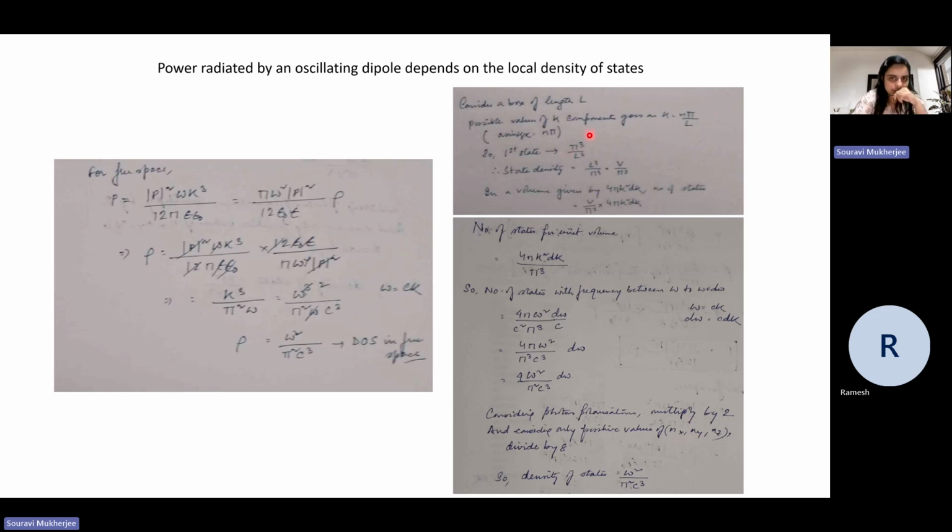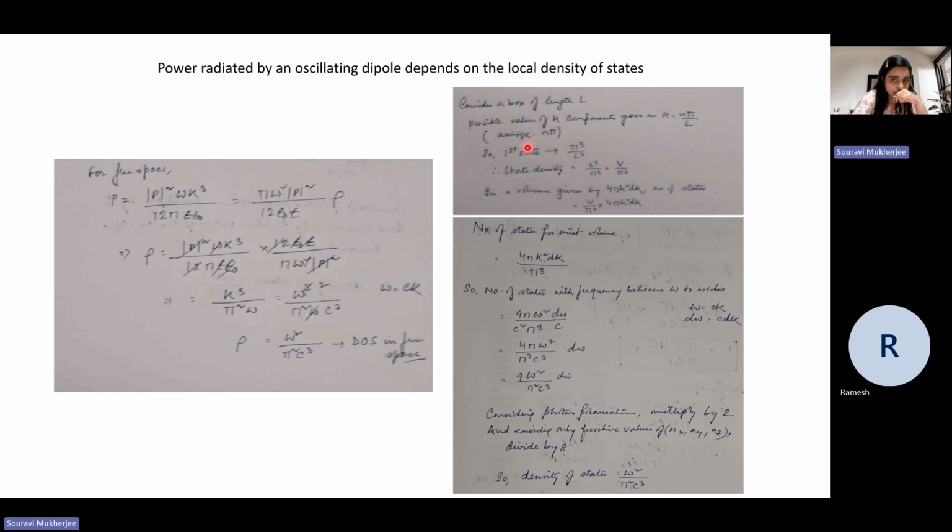So in phase space, if you try to define a volume, the first state will take a volume of pi by L whole cube.